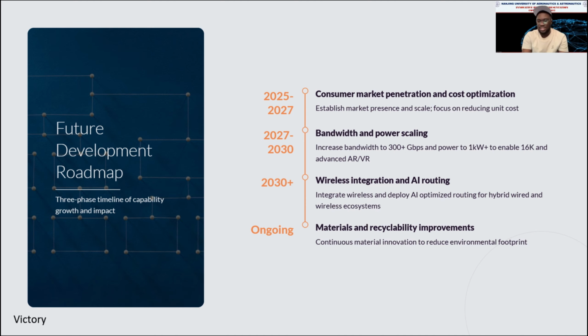And beyond 2030, AI-optimized routing and hybrid wired and wireless integration, with continuous innovation in material science and recyclability, also positioning Gpmi as the core infrastructure of future digital connectivity.